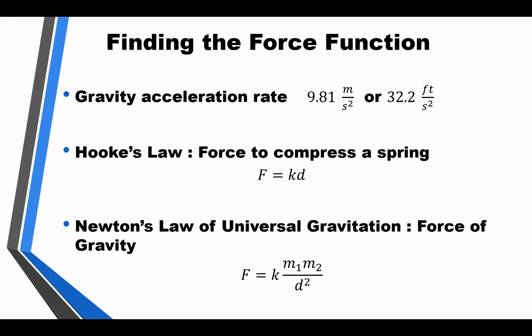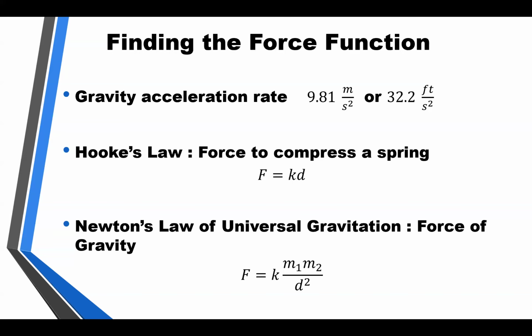It's a pretty easy integration to do once we know what the force function is. And that's really the toughest part about any of these problems that we're going to do, is finding the force function. We're going to use a couple of different pieces of information.